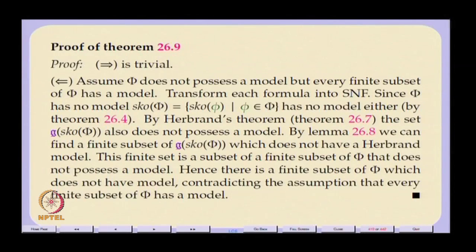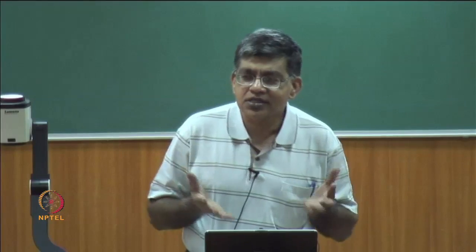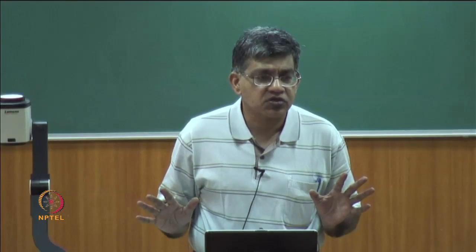Now, after having skolemized, they are all just universally quantified predicates, and you are instantiating those universally quantified predicates with ground terms. Okay. And your G sco phi is essentially this, and all this is countable at most.